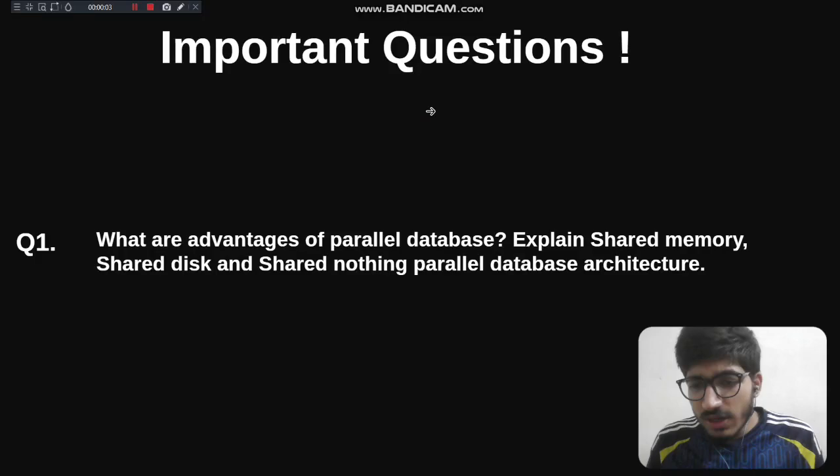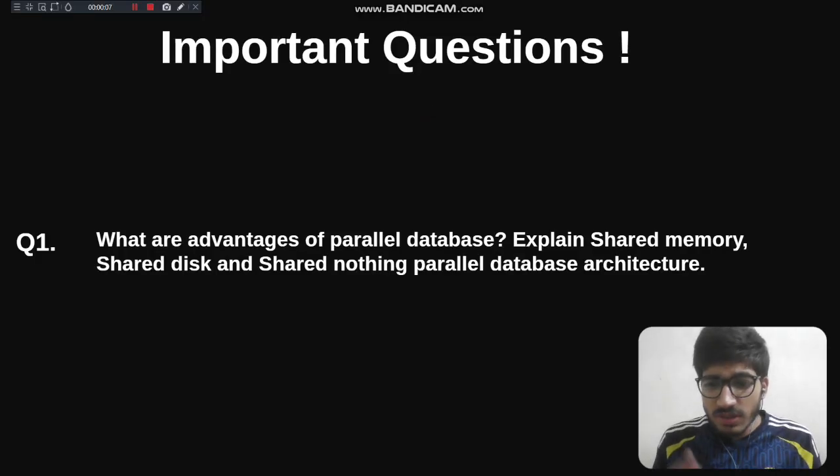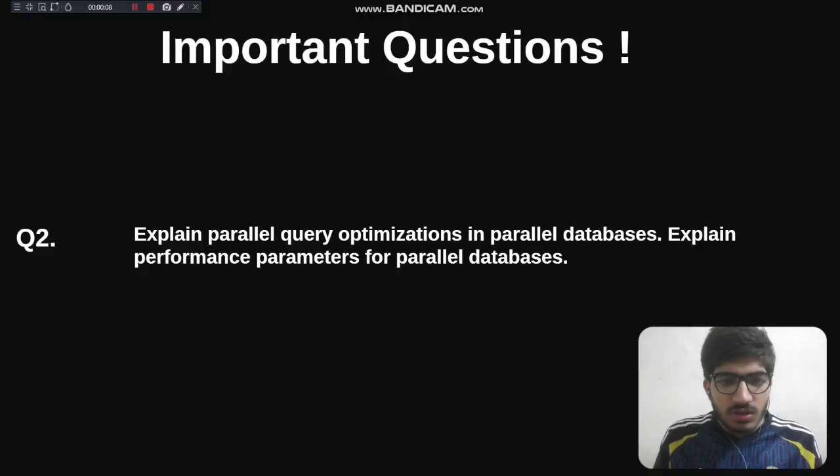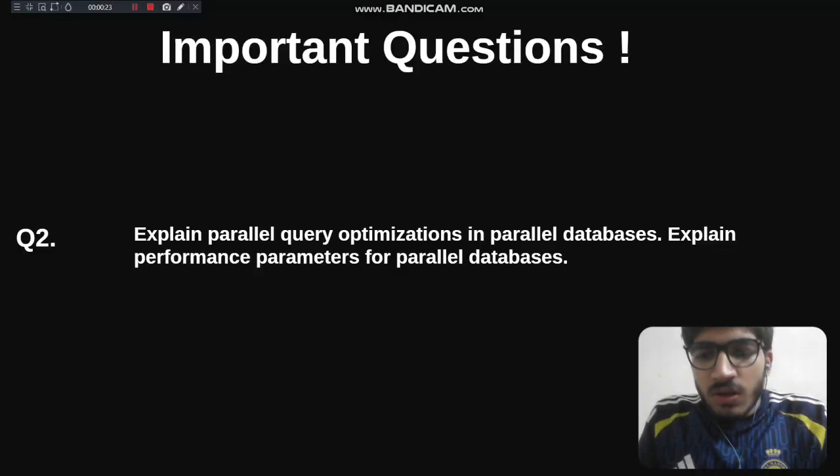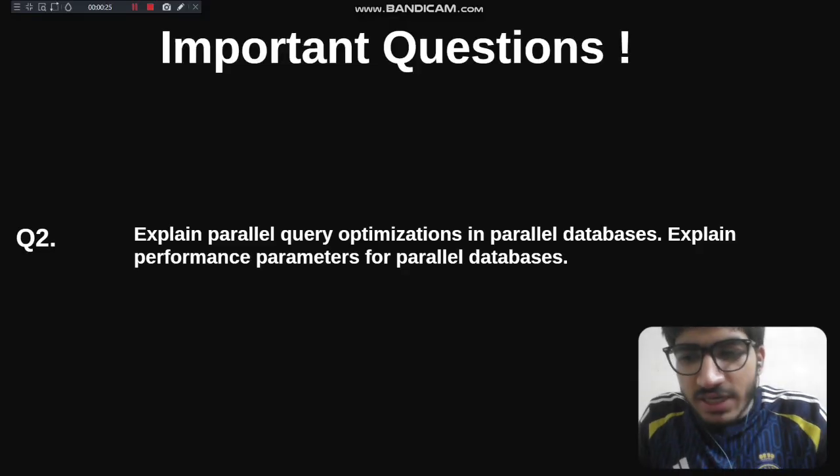So let's move forward with the second question. That question is: explain parallel query optimization in parallel databases and explain performance parameters of parallel databases. So let's start this answer.